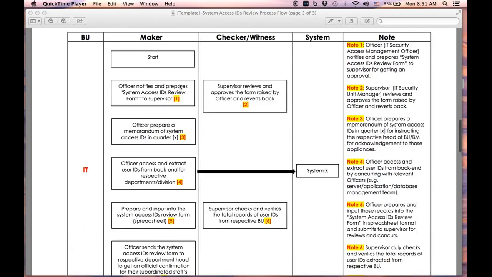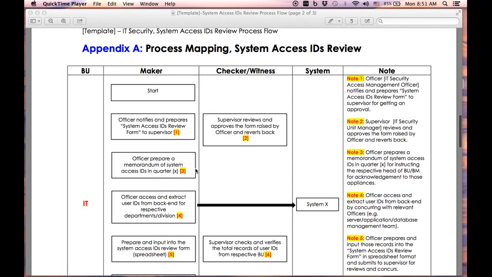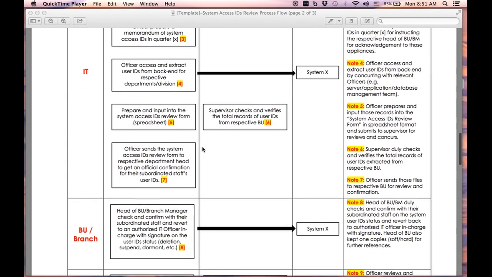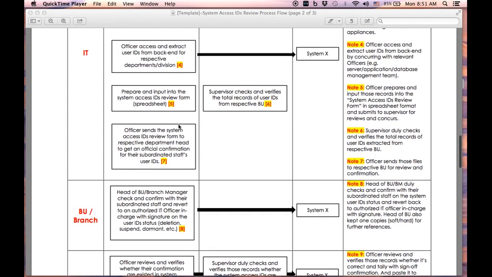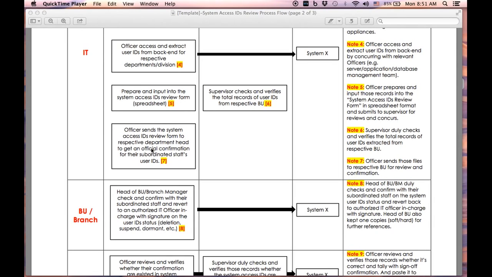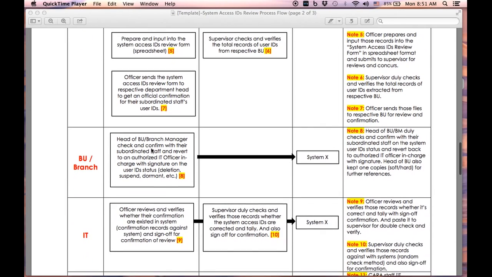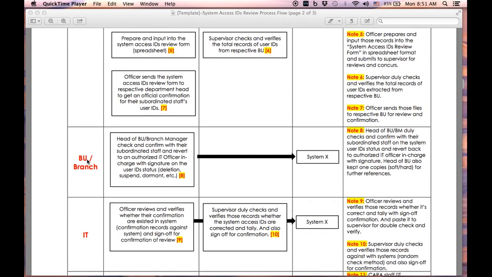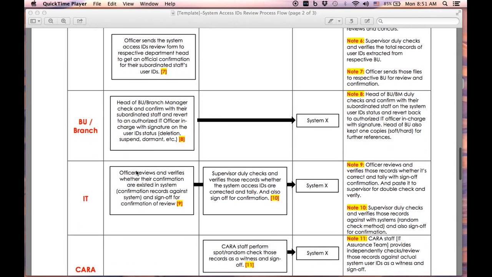So for all nodes 1, 2, 3, 4, 5, we also present them in the right column. In node 1, we describe the process, the real activity performed by the maker and checker. After the IT department completes its tasks, they pass to the business unit or brand level to complete some requirements.